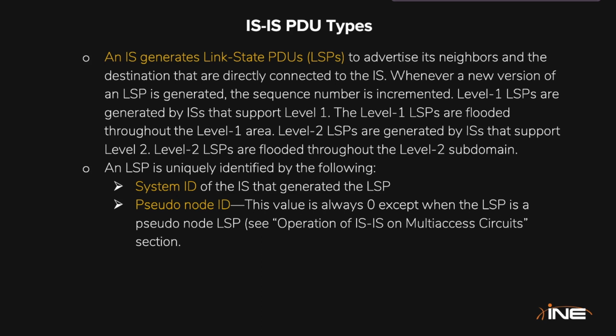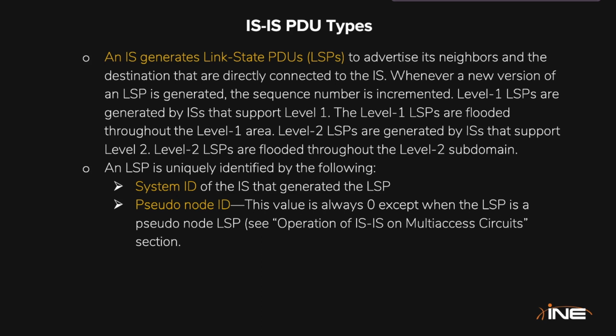This value is always 0 except when the LSP is a pseudo node LSP. For example, in OSPF we have LSA 2, which is the network LSA, and that only gets generated when you have a DR segment.